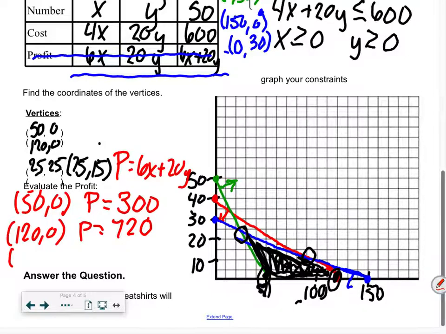Our next point, 25, 25. 6 times 25 plus 20 times 25 gives me 650. And last one, 75, 15. Six times 75 plus 20 times 15 gives me 750.